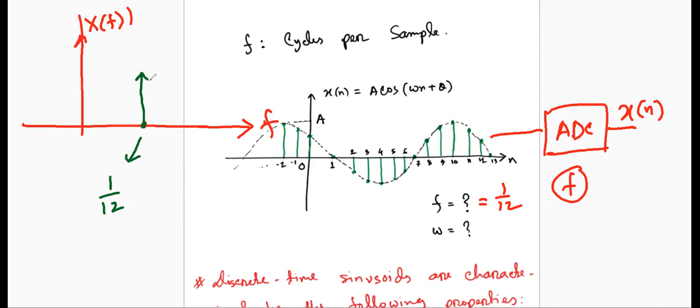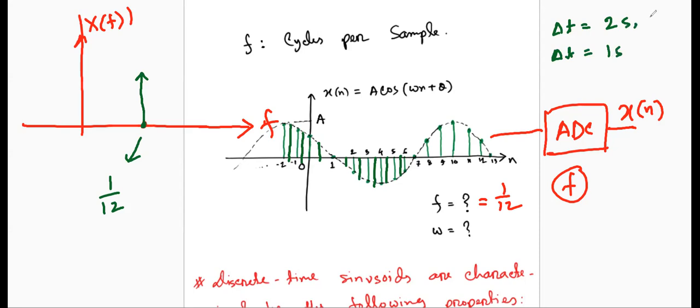Now, if I double the sampling frequency, as I have already mentioned, previously del t was 2 seconds. Now del t is equal to 1 second.